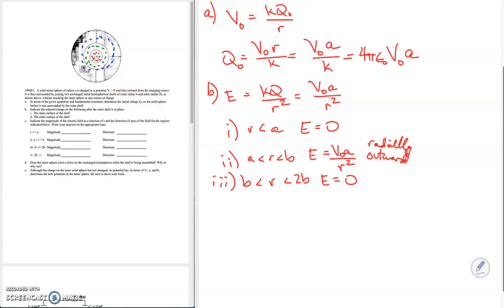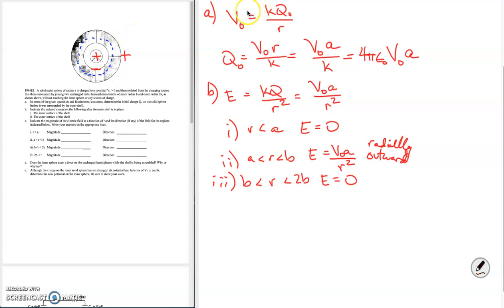That should give you an indication that if our inner sphere has a positive charge, in order to have zero electric field inside this shell, the inner surface must have a negative charge. That way, once we have gone into the conductor and draw our Gaussian surface here, we've enclosed a net zero charge. The result is that the same size charge that resides on the inner sphere is going to reside on the outer surface.